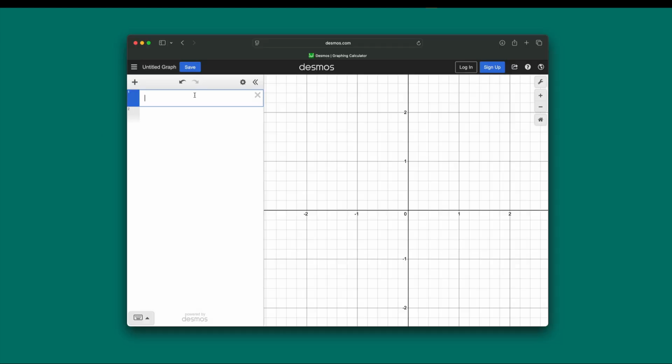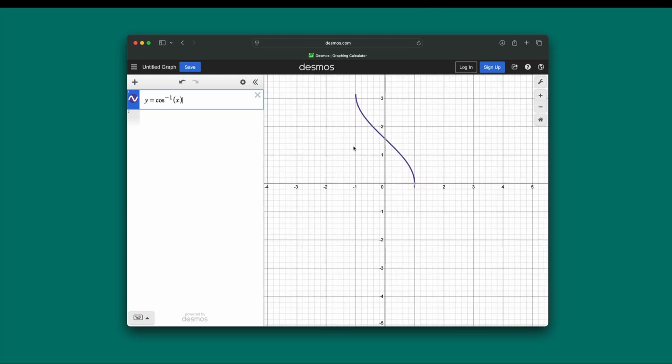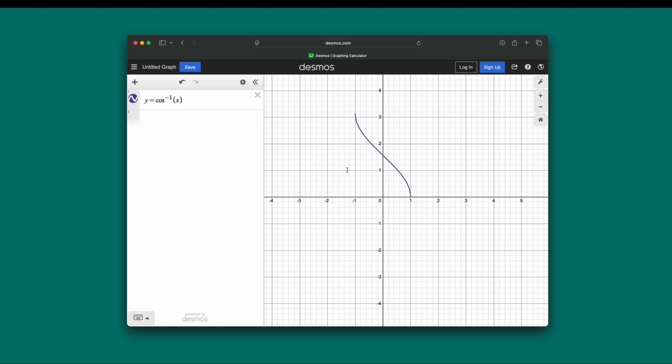All right, so here we're using decimals again. We'll say y equals cosine inverse of x, and you can see it looks a lot different than the sine inverse function, although I guess it's kind of similar, but in a different position.